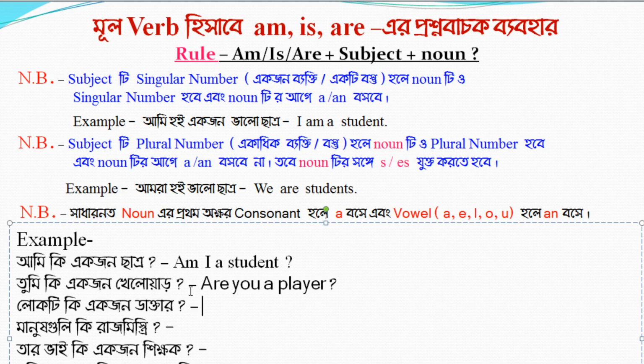Am is used only after or before I. In an interrogative sentence you use am before I, but in an assertive sentence you use am after I. For one person, is goes before the subject. So: is the man a doctor?